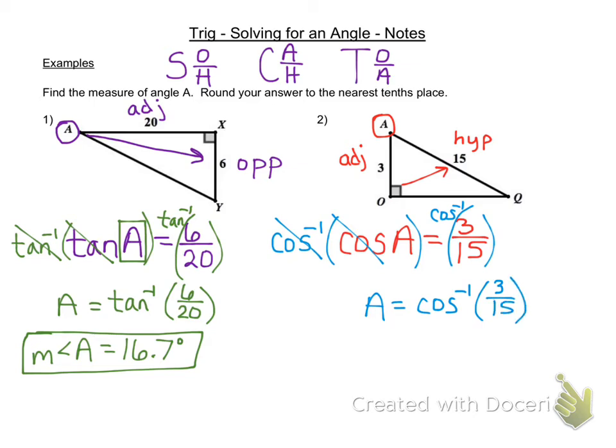Now we're going to put this into our calculator. The inverse of cosine of 3 over 15 is equal to 78.5. So the measure of angle A is 78.5 degrees.